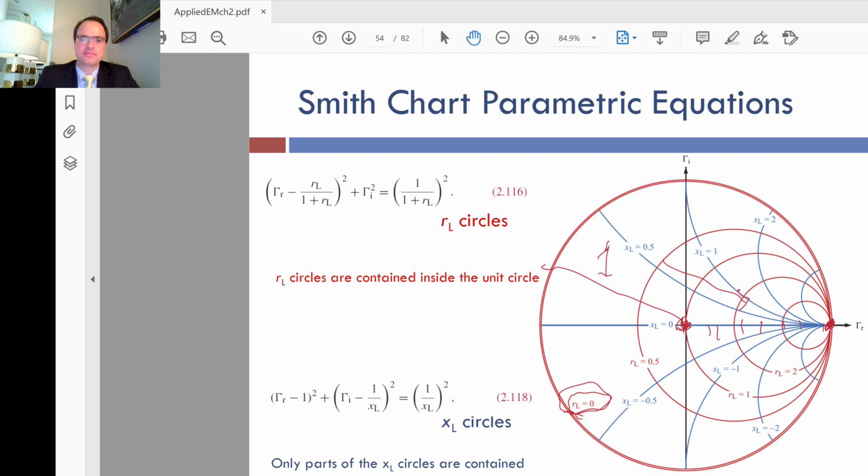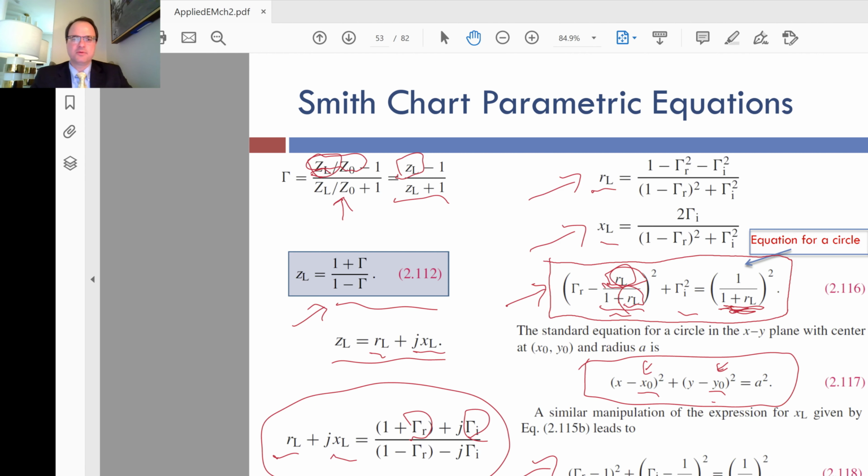Okay, so that's our RL family of circles. Remember what RL is: RL is simply the normalized load resistance. Let's put that aside just for a moment and look at the second family of curves.